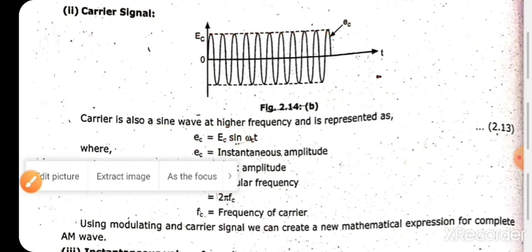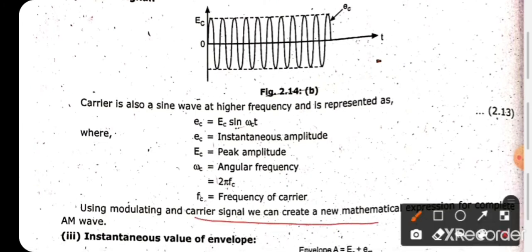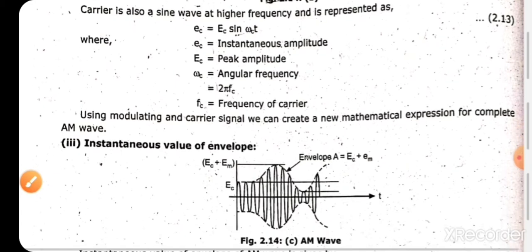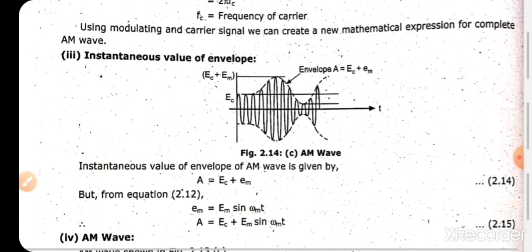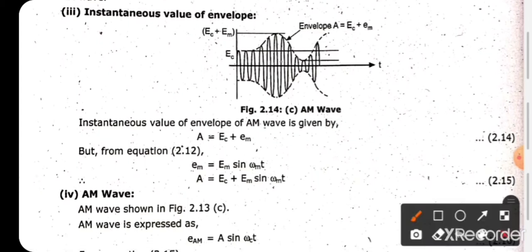By using the modulating and carrier signals we can create a new mathematical expression for the complete AM wave. For finding the complete AM wave, first we have to find the instantaneous value of the envelope.